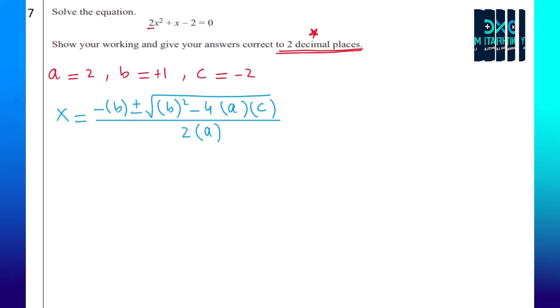This is the best way to write the values inside brackets, because sometimes we get negative values. If you do not substitute the values in brackets, there is a chance you will make a mistake.